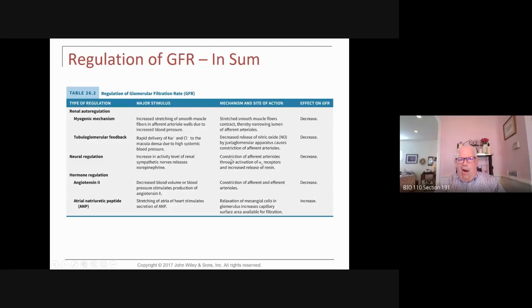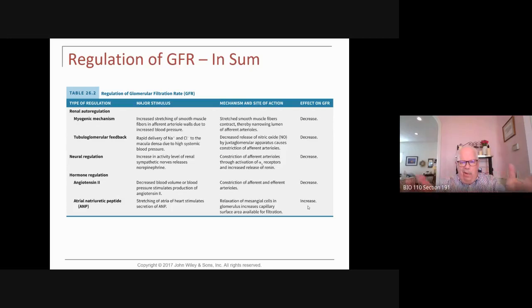Basically, all of these mechanisms, the renal autoregulation, the neural regulation, and angiotensin 2, decrease GFR. The only thing that increases GFR is ANP. Okay? Now, there are other things that increase GFR.